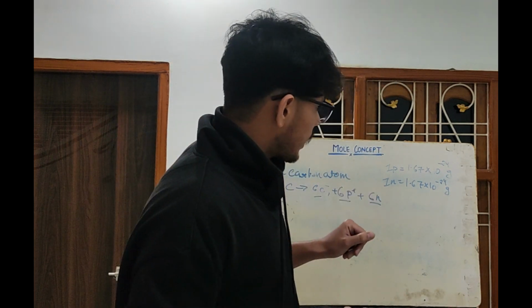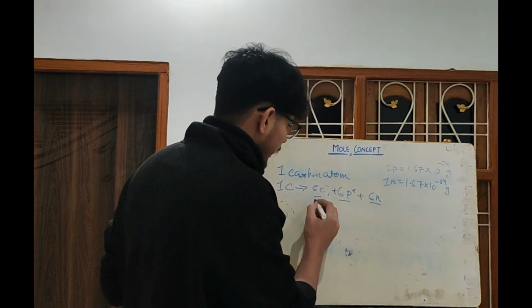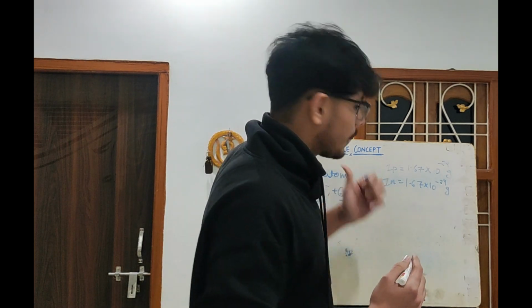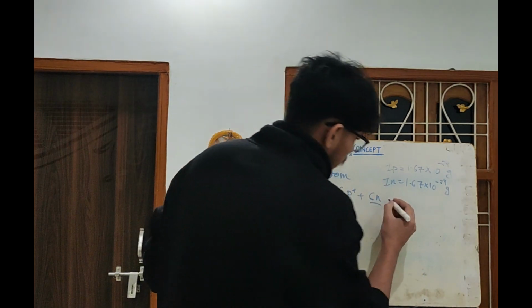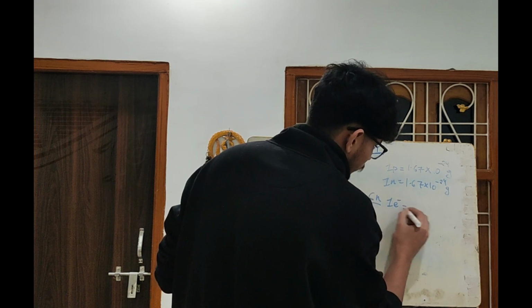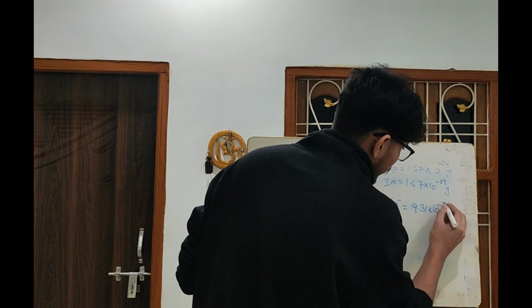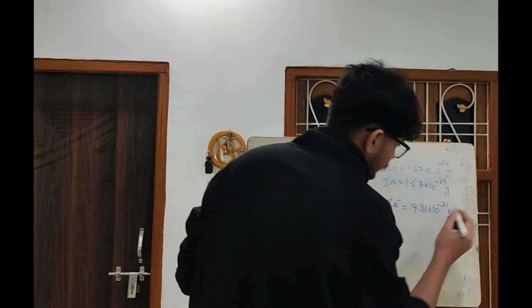These two have similar mass, but an electron is very light compared to a proton and neutron. A single electron weighs around 9.31 into 10 to the power minus 31 kgs.